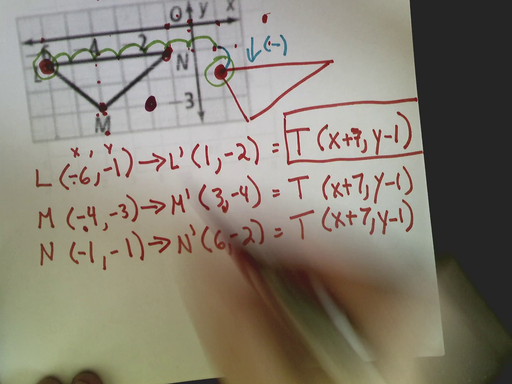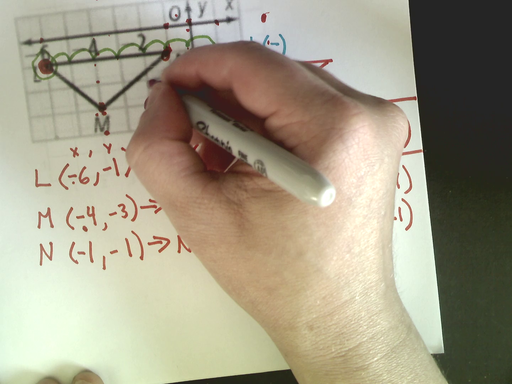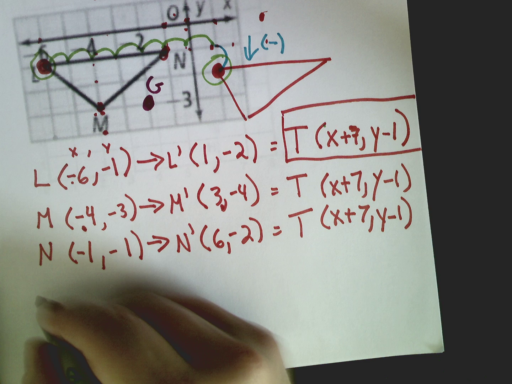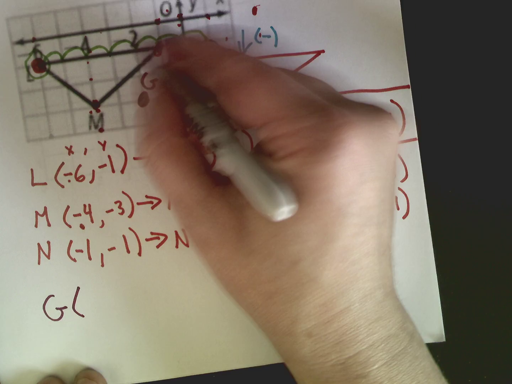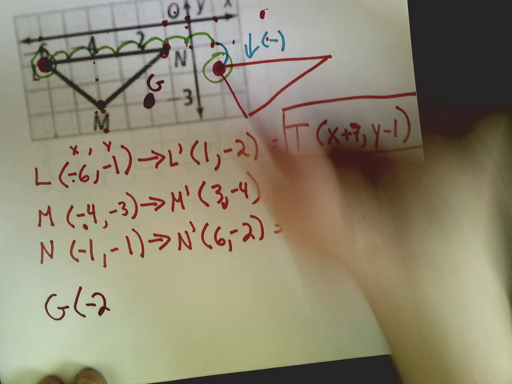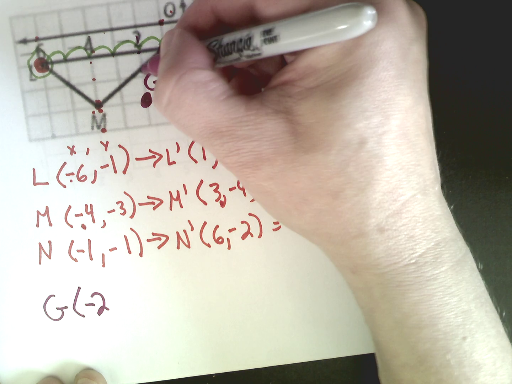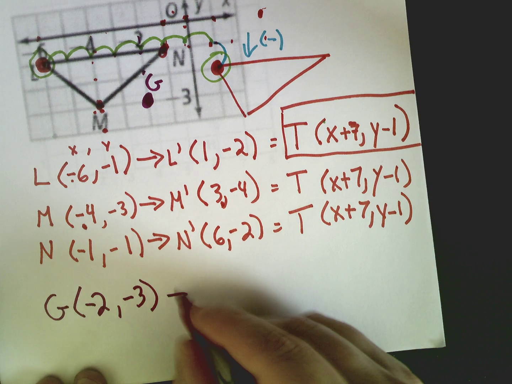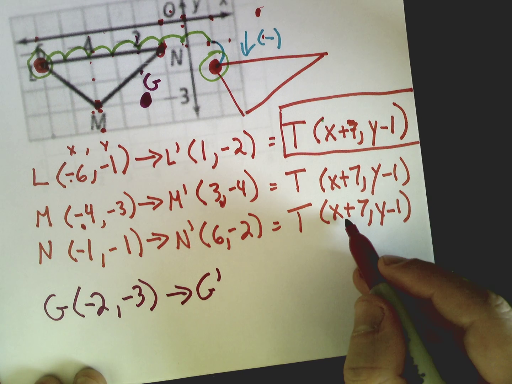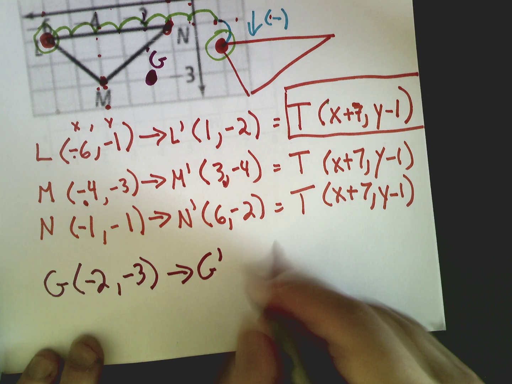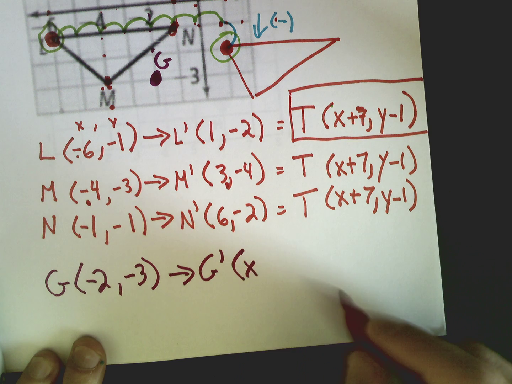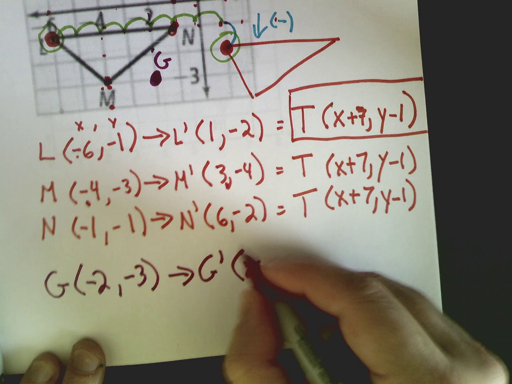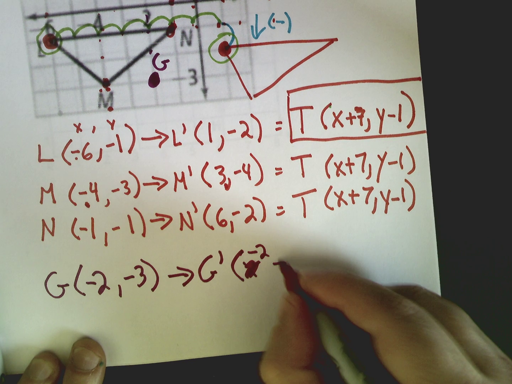Well, that's easy. This point, we'll call it point G for geometry. So point G is negative 2 in the x direction, and then negative 1, 2, negative 3 in the y direction. Now to make G prime, I have to go x, well my x is negative 2 plus 7.